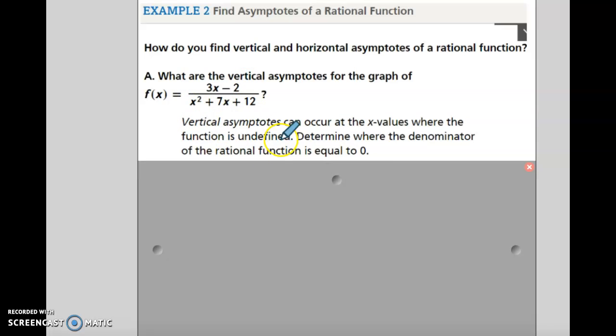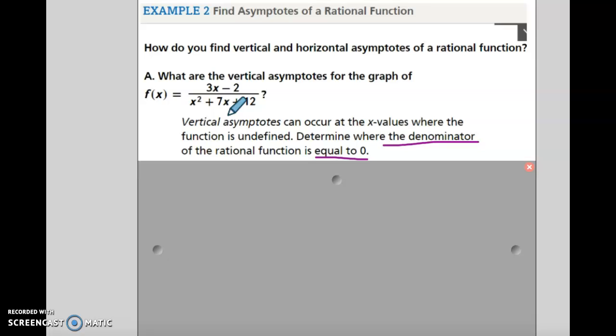In order to find vertical asymptotes, all I have to do is set my denominator equal to 0. Because we know in a fraction, my denominator can never be 0. Take a second and put into a calculator 5 divided by 0 or 100 divided by 0. It's going to give you an error. I can't divide something by 0.